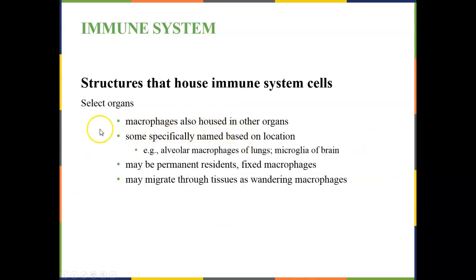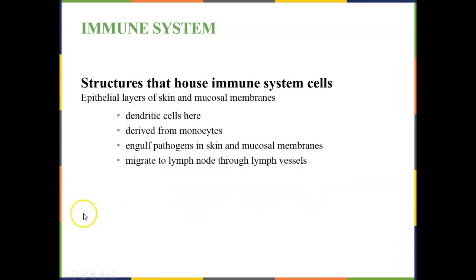But we also have other areas where we're going to find macrophages. So we'll find macrophages in our lungs, in our brain. There are macrophages found in our epithelium. And so some of these are permanent or fixed macrophages, and some are wandering, they move around.